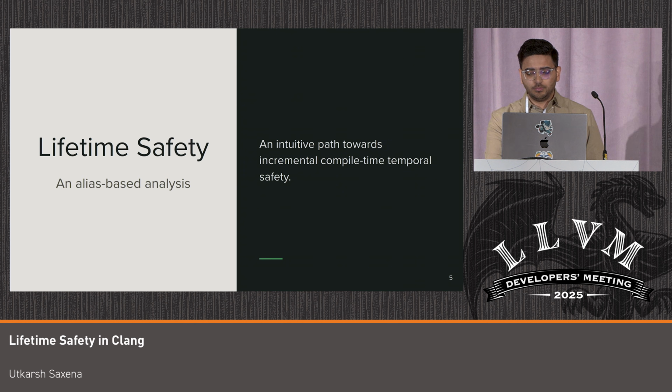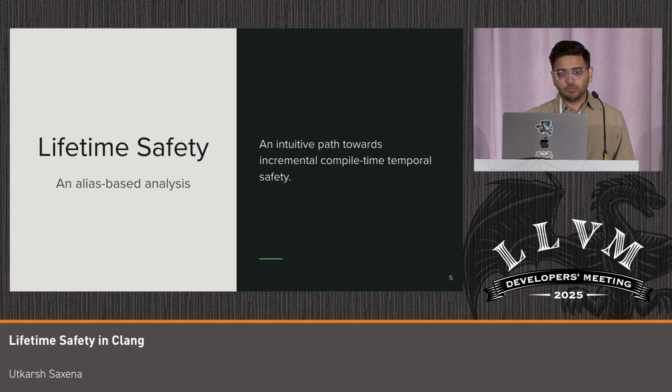Moving on, I wanted to briefly give an overview of the analysis that we are proposing here. The lifetime safety analysis tries to find these temporal memory safety issues at compile time. This is an alias-based analysis, and a shift-left approach to identify these issues at compile time.